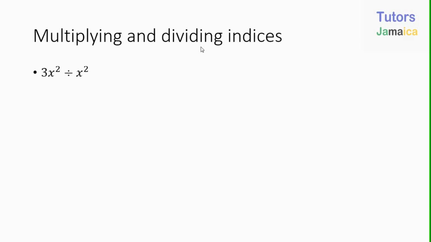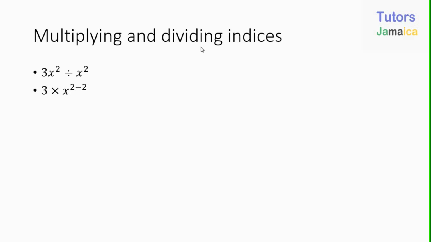Let's look at another example: 3x squared divided by x squared. Now this is a special example that I want you to understand, as I said before, that any number raised to the 0th power is equal to 1.